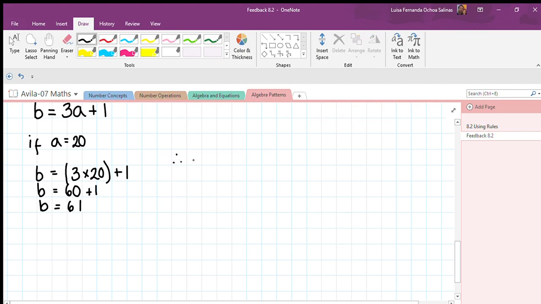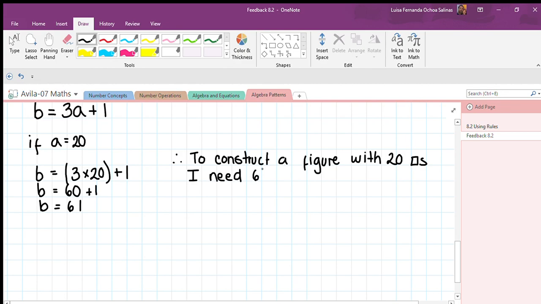Therefore, to construct a figure with 20 squares, I need 61 matchsticks. And that's my answer. Okay, good. I'll keep doing the rest in other videos.